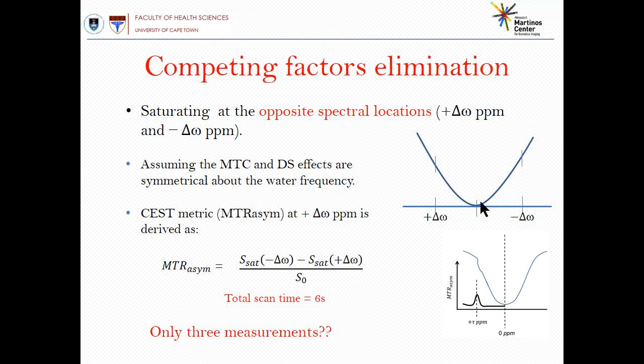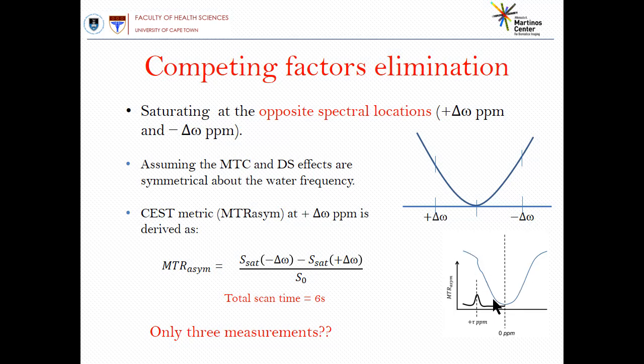So if we take the difference of these two signals, we will get the CEST metric, which is the MTR asymmetry, or magnetization transfer ratio asymmetry, and this will be the CEST effect, and this will give us information about the molecule.